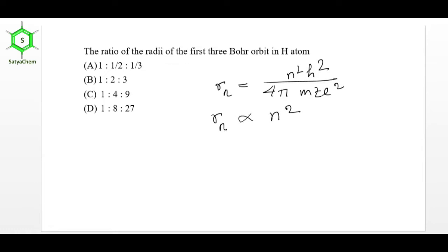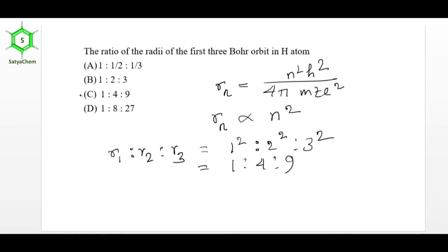Now R1 is to R2 is to R3, that is the ratio of the radii of the first 3 Bohr orbits, should be 1 square is to 2 square is to 3 square. So 1 is to 4 is to 9. So the correct option is C. Clear?